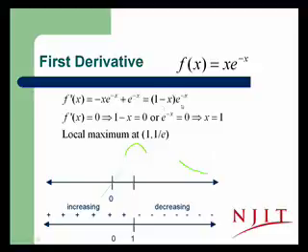E to the minus x is always positive, so we find that the derivative is negative for x bigger than 1, so the function's increasing until you get to x is 1, decreasing from x equal 1 on, and so at x equals 1 you have to have a local maximum, and one can plug into the original function x e to the minus x. If you plug in x equal 1, you find the y value is 1 e to the minus 1. So we have a local maximum at 1 comma 1 over e.